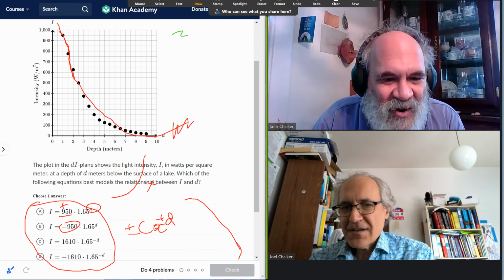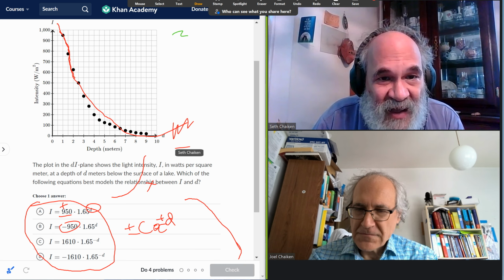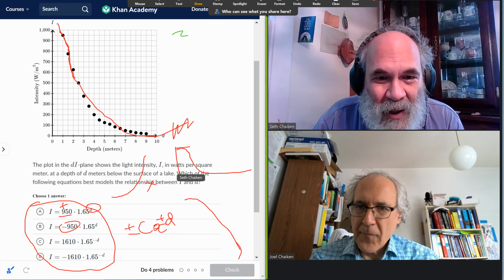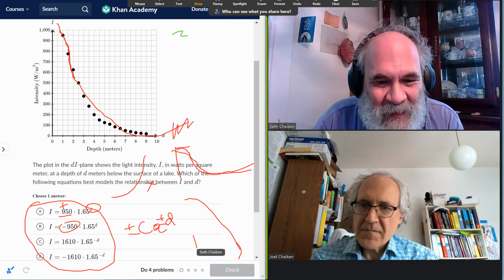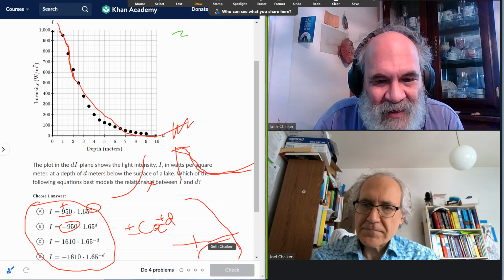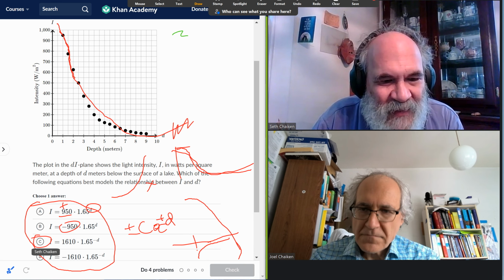C starts out positive and non-zero, like that. And this one starts out negative and rises to zero. So it has to be C. It has to be C.